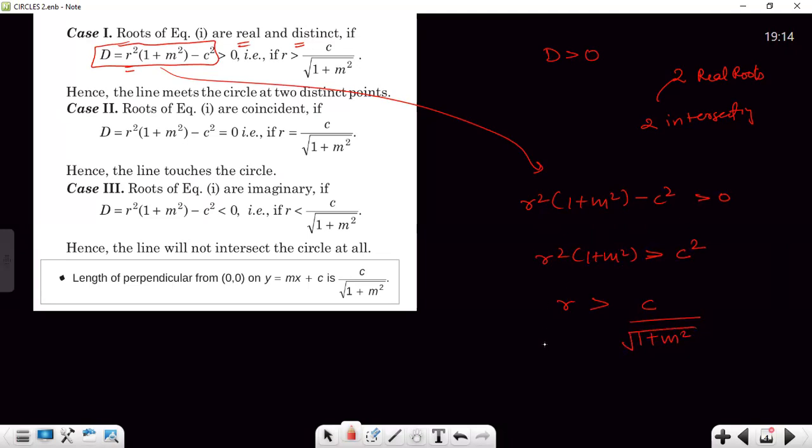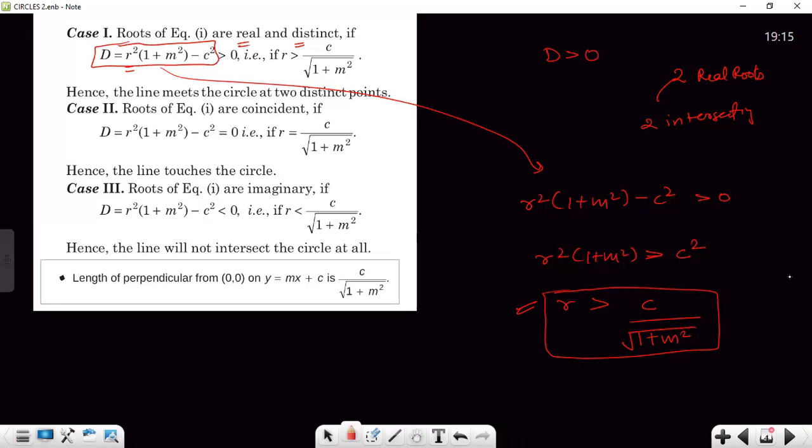So if the radius of the circle is greater than c upon the square root of 1 plus m square, then the line is going to intersect the circle at two distinct points.